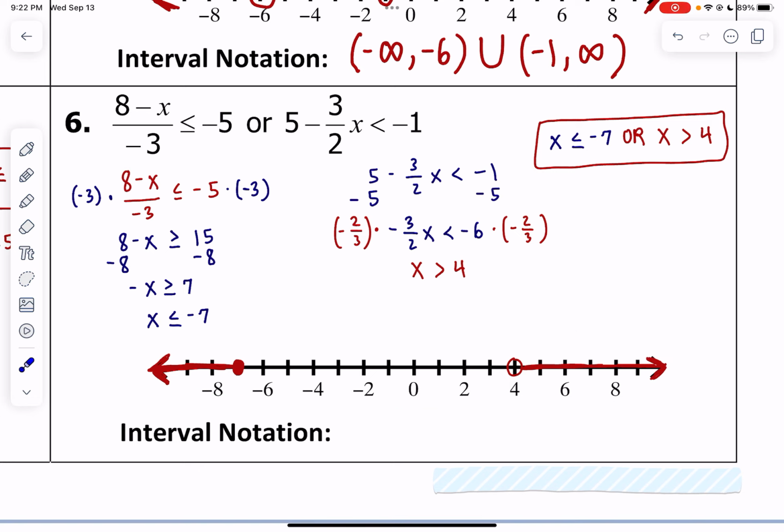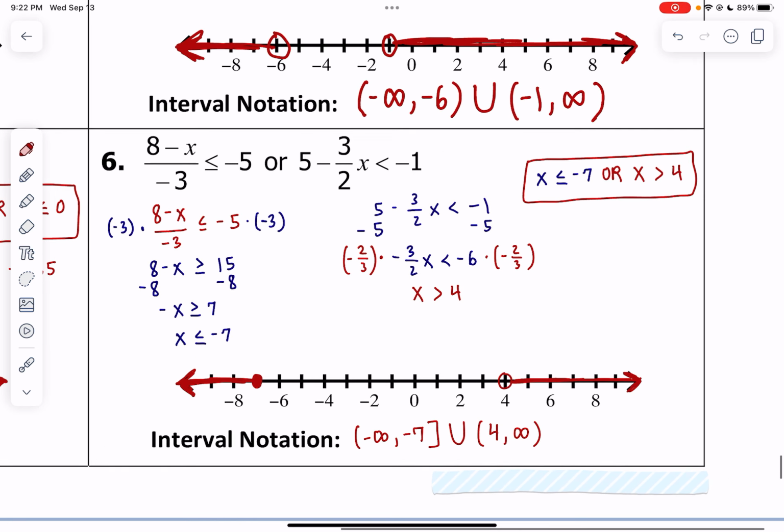Now that we have our number line, we can go over to the interval notation. Reading it from left to right, it should be negative infinity to negative 7, bracket, union, parentheses, 4 to positive infinity, parentheses.